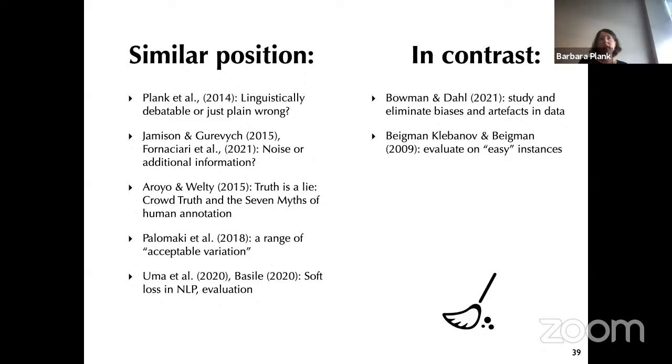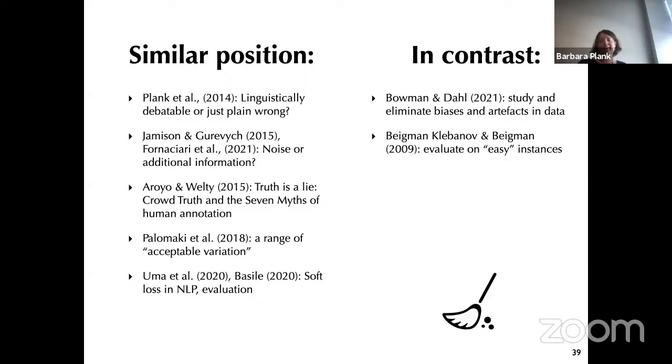But while there are these positions which are similar to ours, there is also contrasting work that advocates, for instance, eliminating biases and trying to neglect disagreement in annotation. I even heard about filtering out the disagreement cases completely in order to focus on high quality, good data.